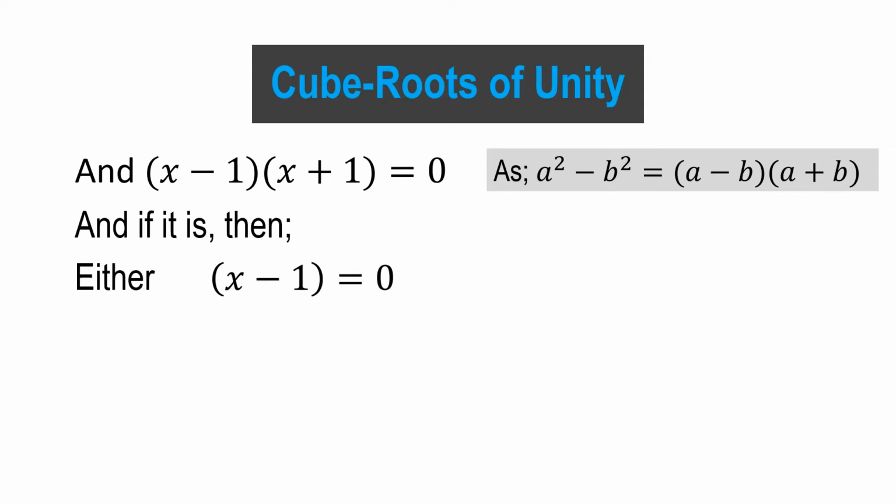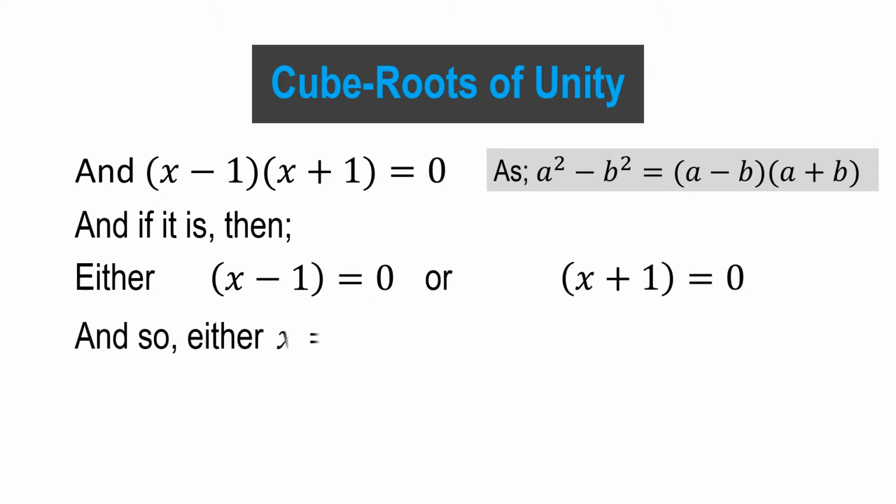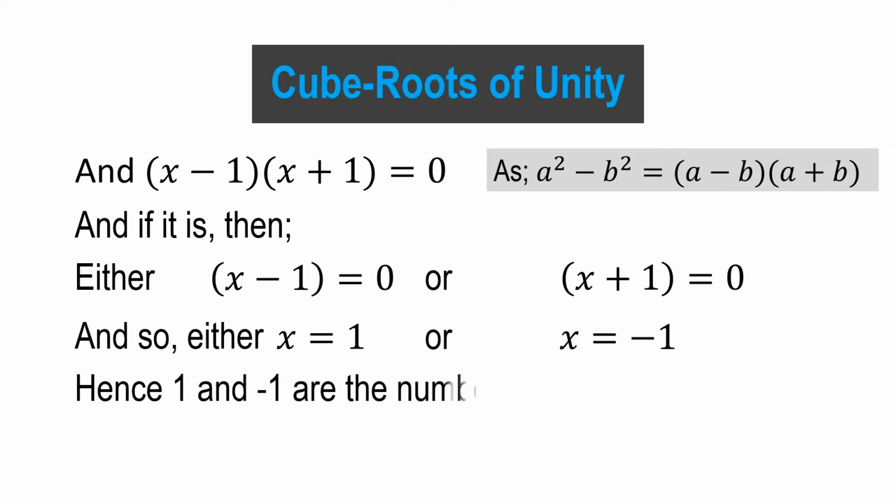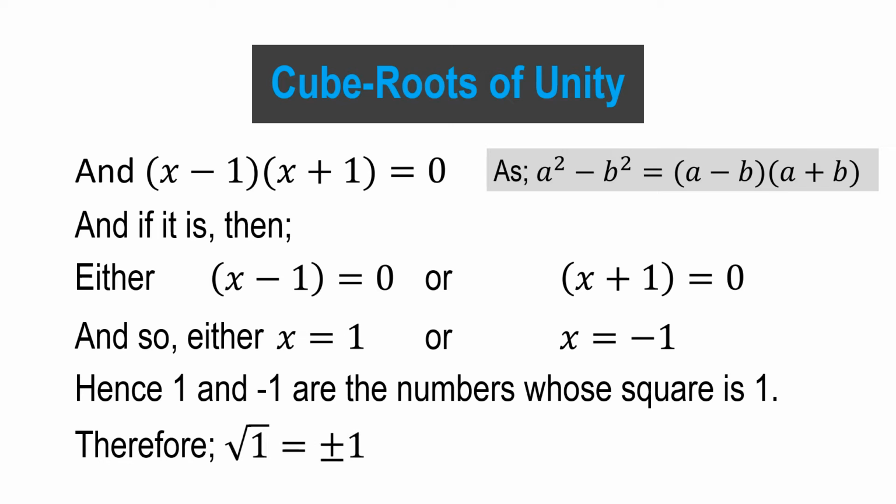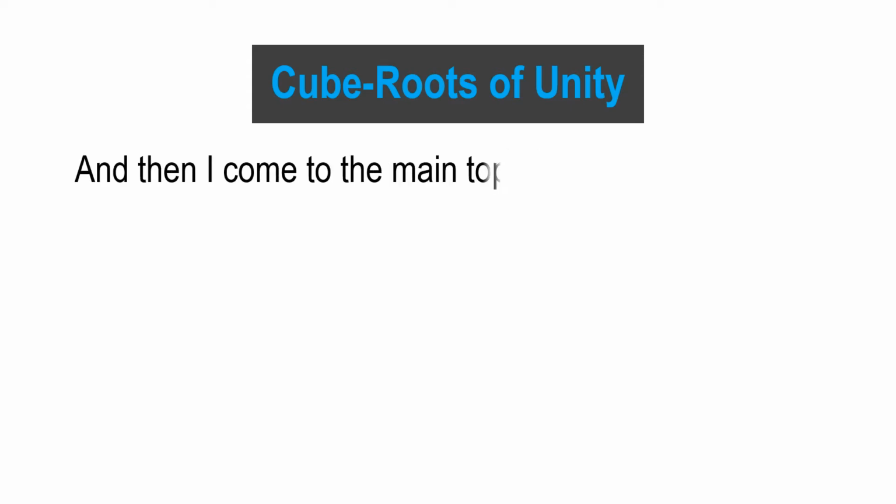And if it is, then either x minus 1 is 0 or x plus 1 is 0. And so either x is 1 or x is negative 1. Hence 1 and negative 1 are the numbers whose square is 1. Therefore, square root of 1 is equal to plus minus 1.